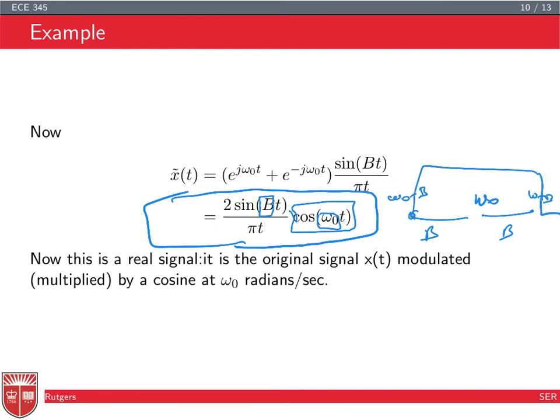So this is how the filter is going to look. And in many applications, such as when we're transmitting a signal over an antenna, for example, we would like to do this.